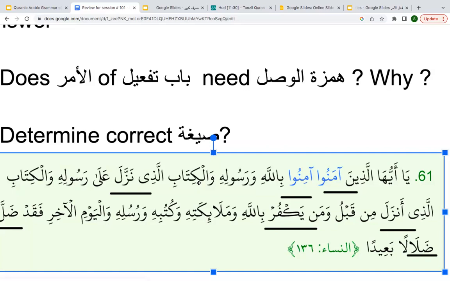Can you connect al-kitabi, al-ladhi? Is there any way you can connect these two together? Very good job. So proud of you all. Mawsuf was sifa, all four properties are matching. It is a book, and the book that he sent down upon his messenger, wal kitabil ladhi, and the book that he sent down before.